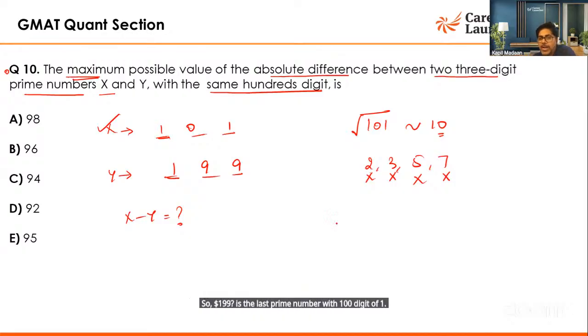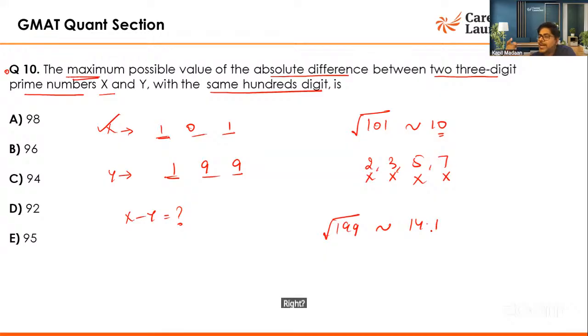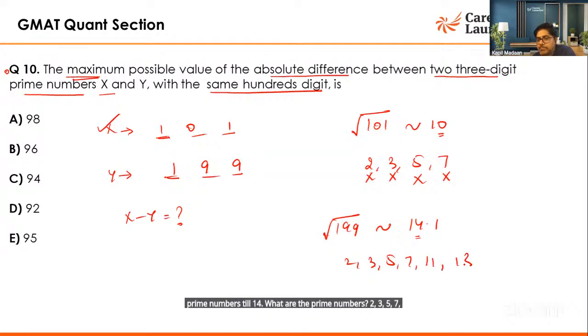Take the square root of 199. That is approximately 14.1, right? 14 squared is 196. So just check the prime numbers up to 14: 2, 3, 5, 7, 11, 13. Is 199 divisible by 2? No. By 3?